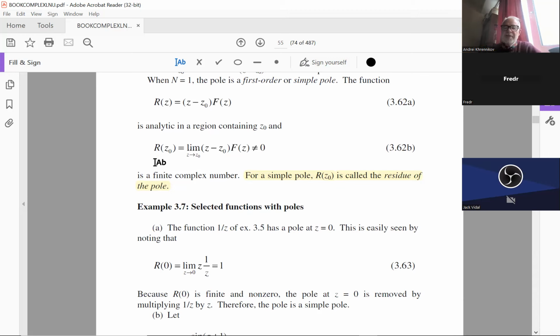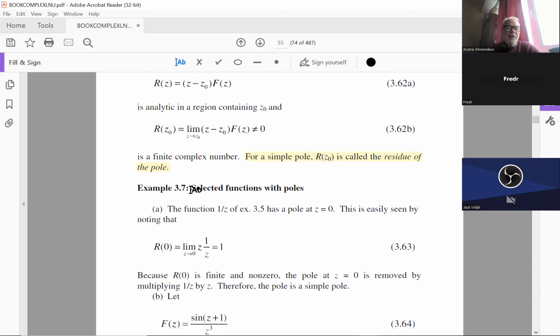It is called the residue of the pole, or simply residue. This is called the residue of the function at the point z0. So remember the word residue. Typically people say not residue of the pole, but of the function, but no problem.